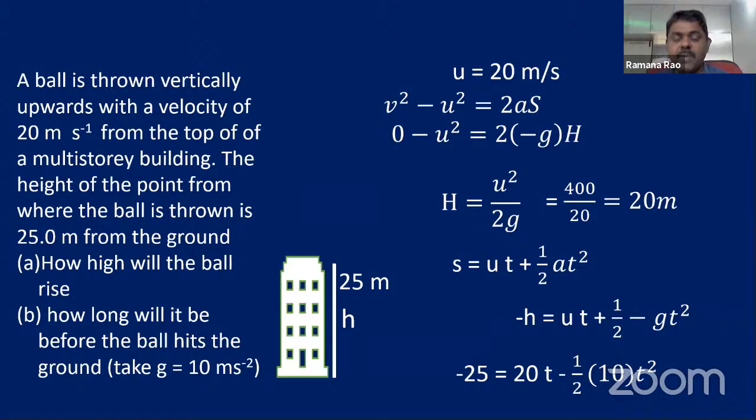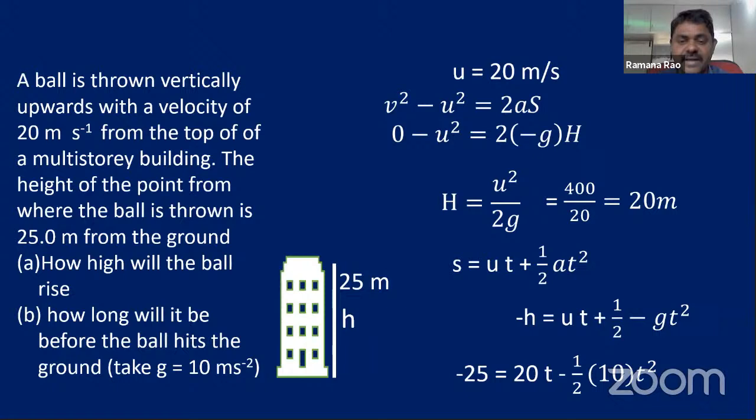This h is the maximum height from the top of the building, not from the ground, because the point where we are throwing is the origin. That means our origin is the top of the building.